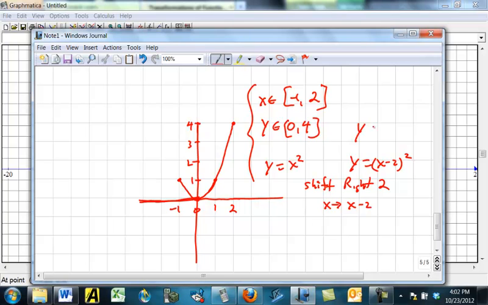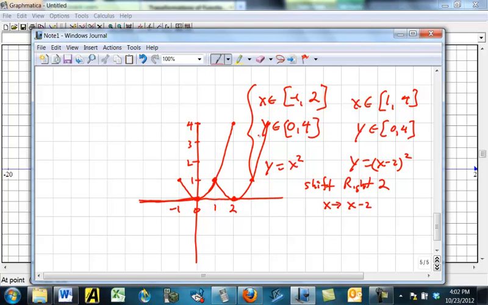It's not going to change the y, so they're still going to go from 0 to 4. But the x's, I'm going to add 2 to everything, so it's going to go from 1 to 4. And so now everything goes to the right 2. This one goes to here, this one goes here, and so we have it go like that.